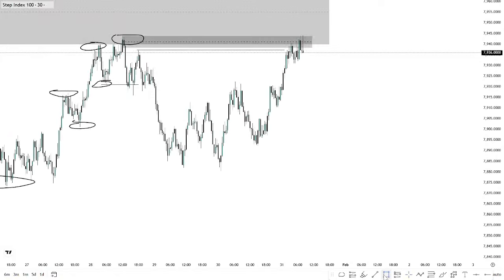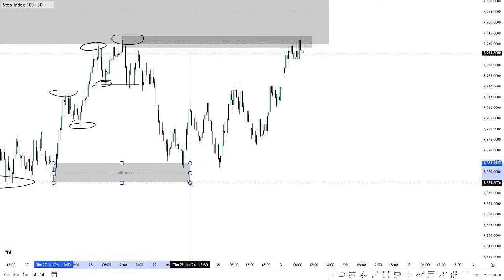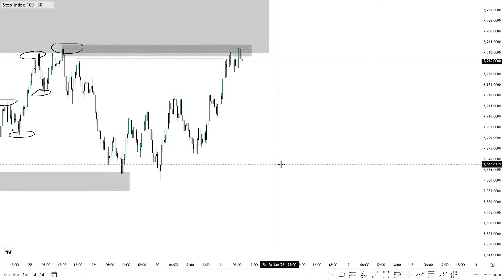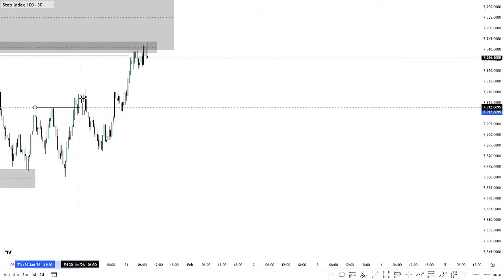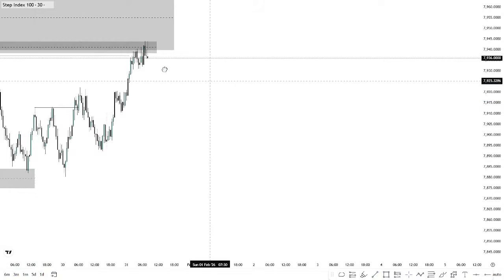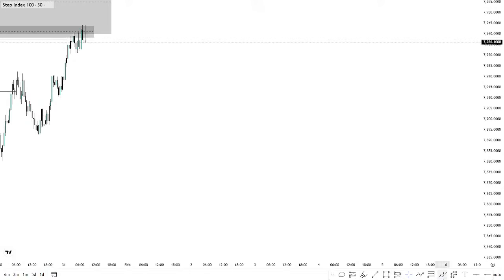Where market reacted from here is also a very valid area. So, yeah, we had a break here. Currently what I'm expecting market to do is to break this low with little impulse. Let's have a break of this low with impulse.